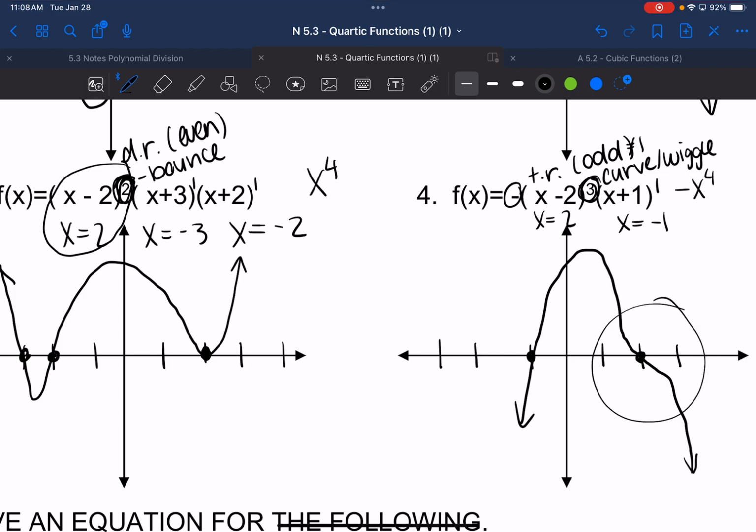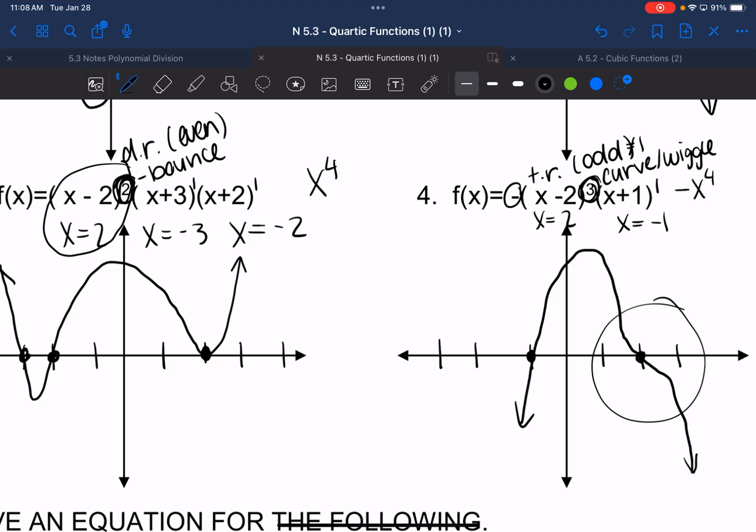So this is our curve or our wiggle right here. So again, this only happens for odd exponents that are not 1, right? Because at 1, we know it's just a normal cross through, like all the other ones. Okay, so there's our refresher.